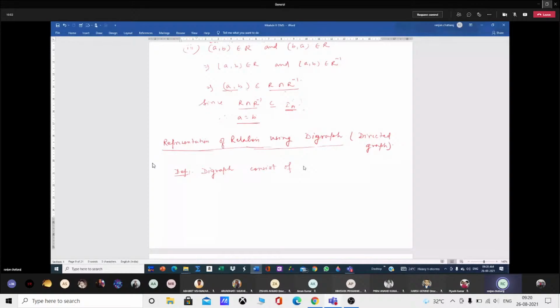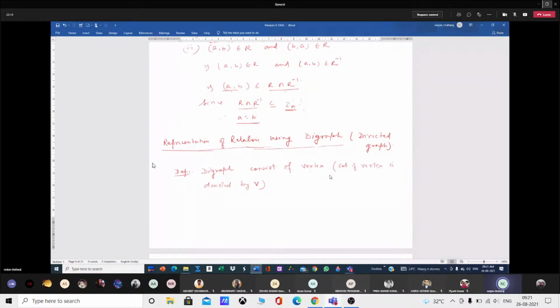The set of vertices is generally denoted by V. Sometimes they are also called the nodes.